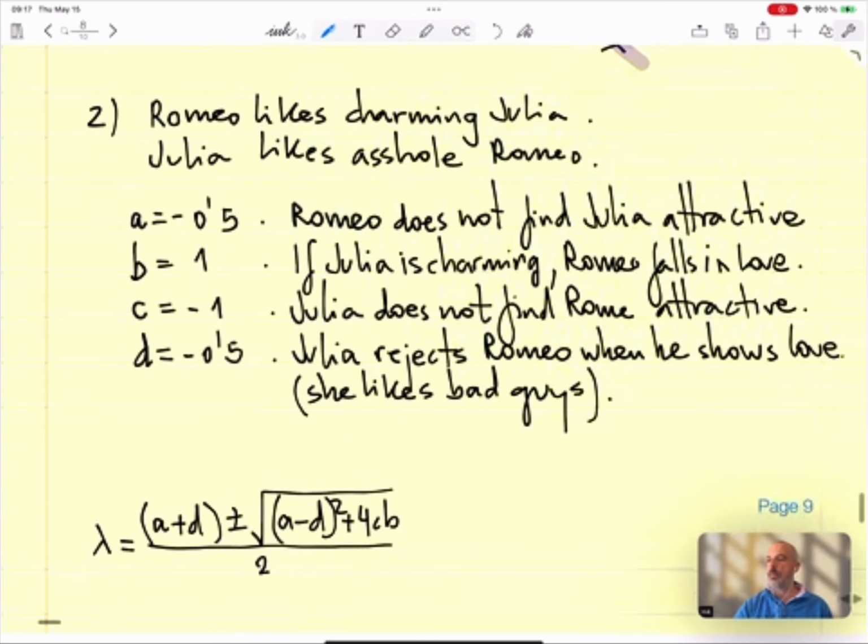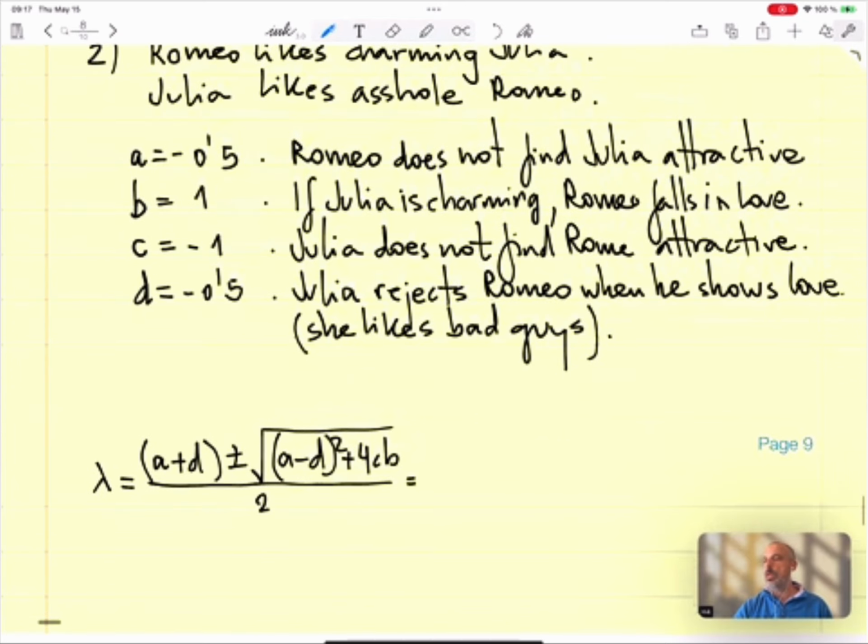All right, so this is cool. We have A plus D is minus 1, plus minus the square root of 0 plus C times B, which is minus 4, divided by 2. All right, so we have here a situation: minus 0.5 plus minus i.